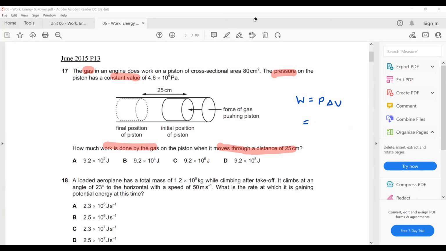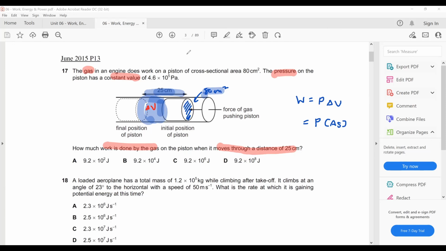Before I move to that, change in volume is actually area times distance. You already have your cross-sectional area, 80 centimeters square, and you also have your distance moved. So this is your change in volume. You take your area, multiply by the distance moved.